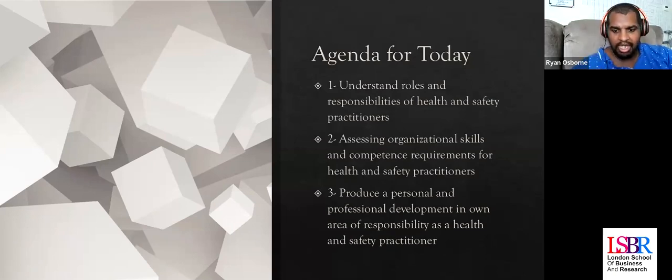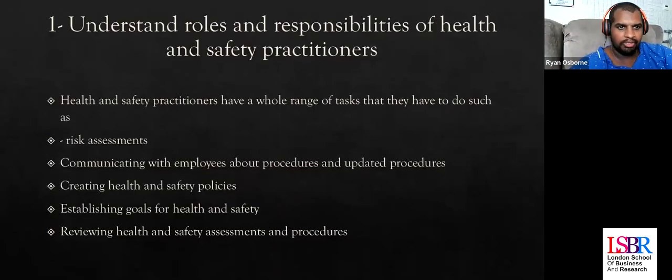And last but not least, we're going to be looking at how we can produce a personal development plan in our own area of responsibilities as a health and safety practitioner.